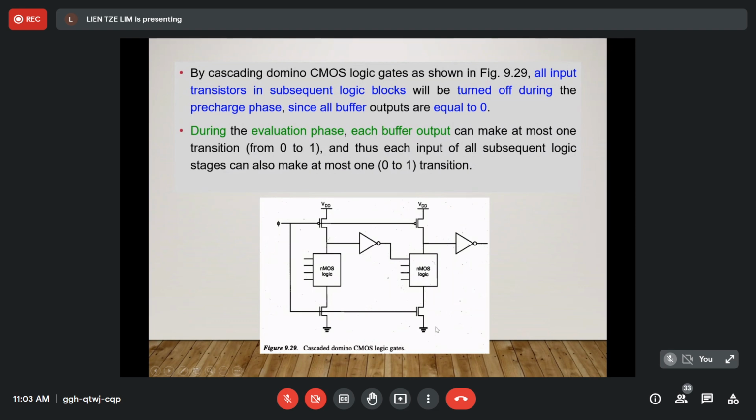And this dynamic logic gate also has a CMOS inverter connected at the output, meaning there are two domino CMOS logic gates. So the operation is also similar, determined by the clock. There are two phases, the pre-charge phase and the evaluation phase. Here you can also read yourself.